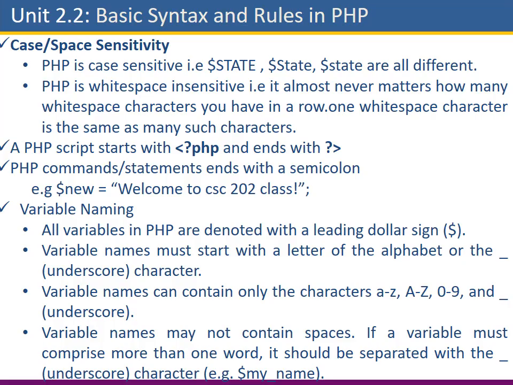Another thing is that a variable name must start with a letter of the alphabet or the underscore character. A variable name can contain only characters like lowercase a to z, uppercase A to Z, 0 to 9, and underscore.